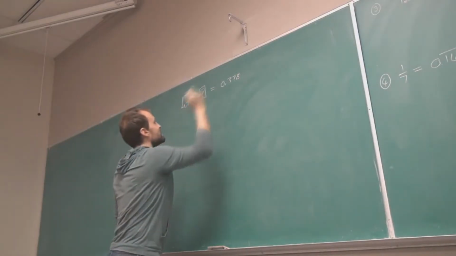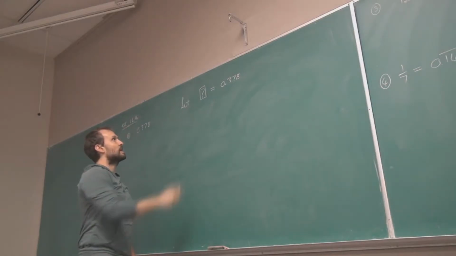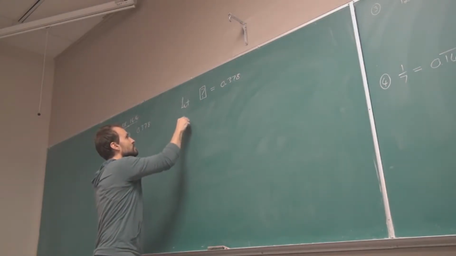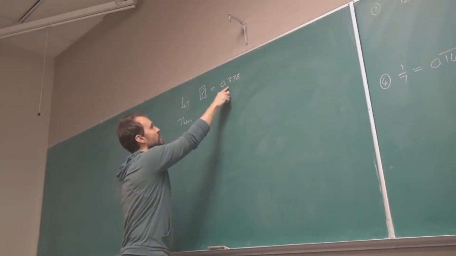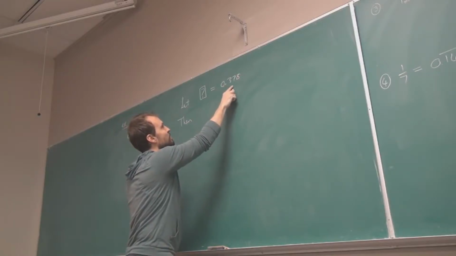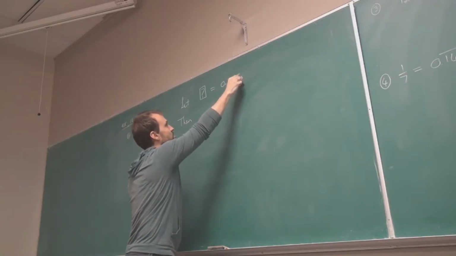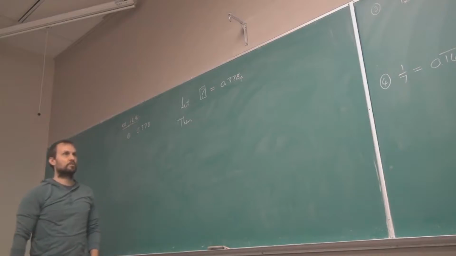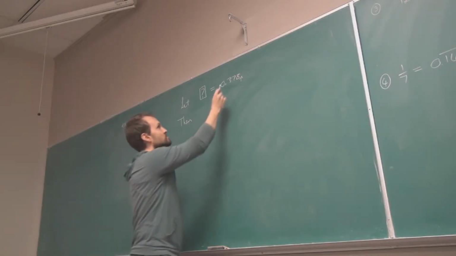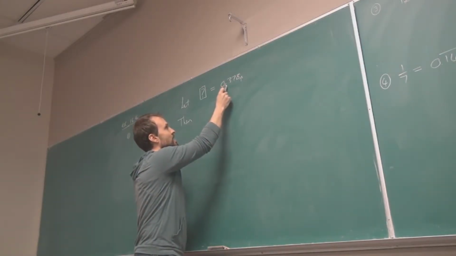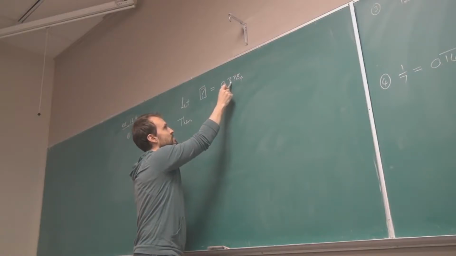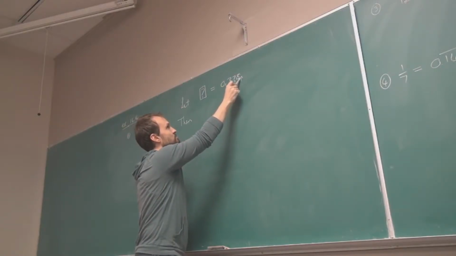Now I know it's a terminating decimal, so I'm going to multiply both sides by enough to get that decimal point right there. Now you will probably be teaching this one day. As soon as I multiply by 10, I move the decimal point. Move the decimal point, move the decimal point.